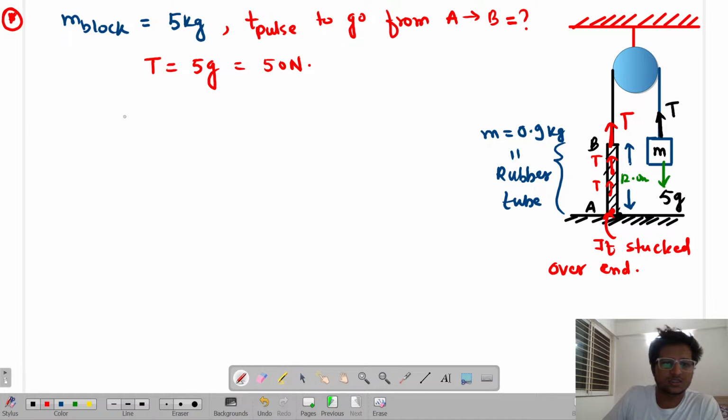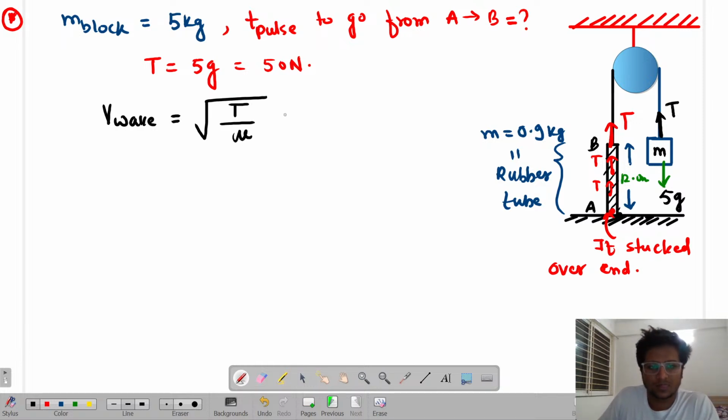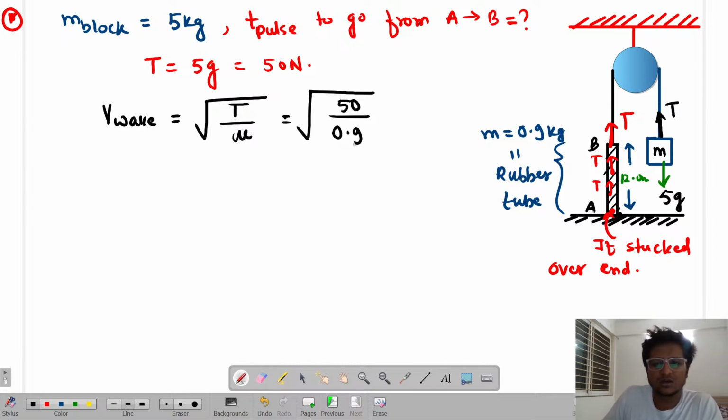So if the tension is the same, can we find the velocity of the wave or not? Velocity of the wave is root under T by mu, isn't it? Tension is 50. Mu is not given, but mass and length are given. Mass is 0.9.